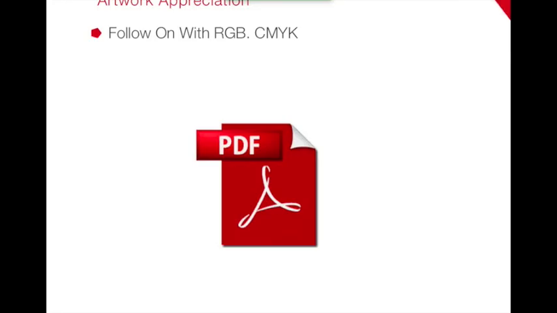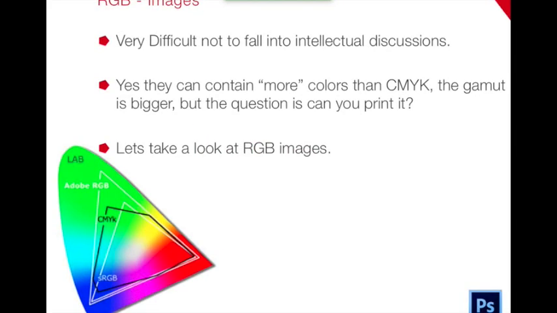As we had last time, we had image appreciation. This is artwork appreciation. So we're going to discuss first of all RGB images, a little bit of a bane in my life because they're the things that often cause more trouble than anything, and it's very difficult not to sometimes fall into intellectual discussions around them being the best thing since sliced bread or the worst thing since sliced bread.